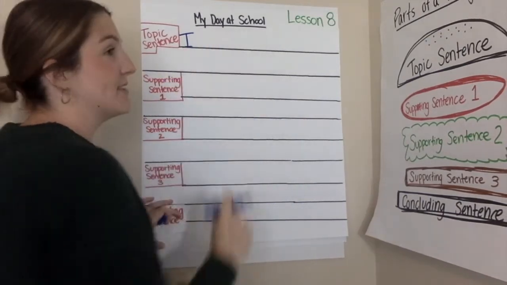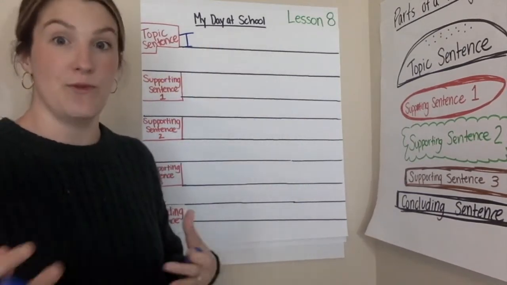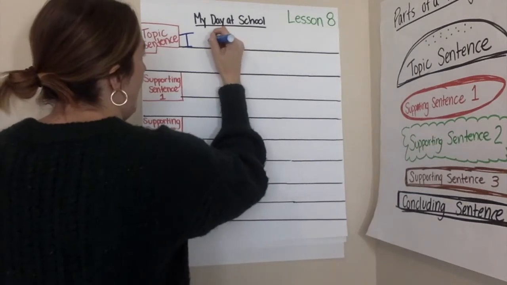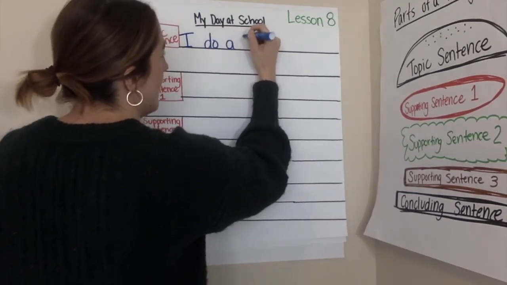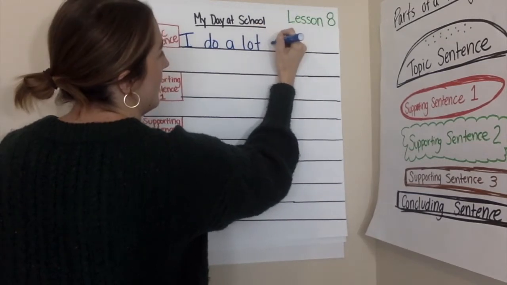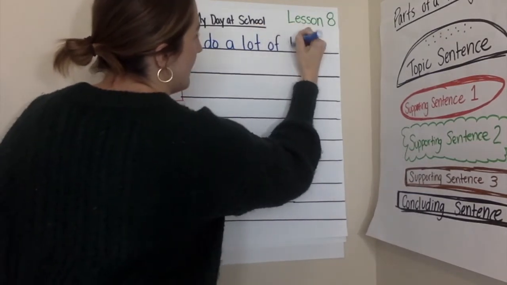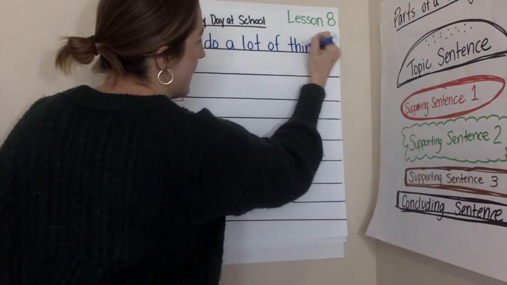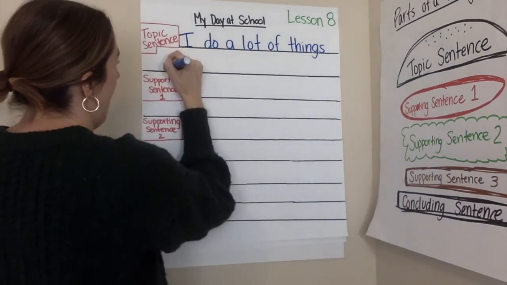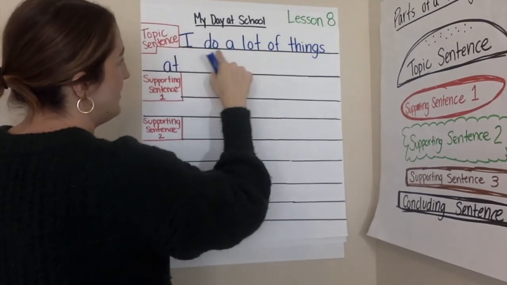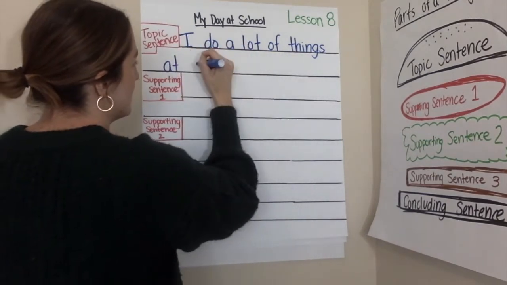I know I is the first letter of a sentence, and the letter I also gets capitalized. I do a lot of things. I'm working on neat handwriting. I do a lot of things at school.